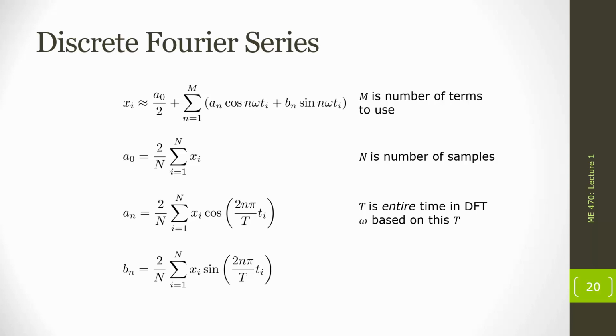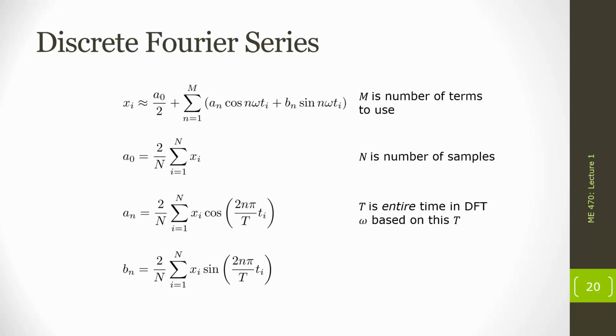And then our fundamental frequency, our omega, is going to be based on this value of T, still using that 2 pi over T. So this is where the resolution comes into play, and how the resolution, or the spacing between frequencies we can detect, is dependent on how long we sampled our data. If omega is 2 pi over T, the larger T is, the smaller omega is.